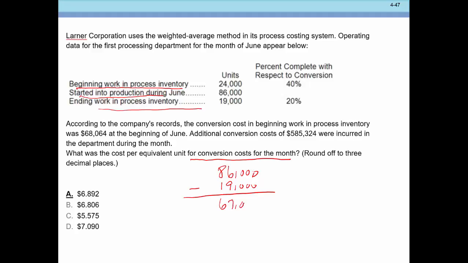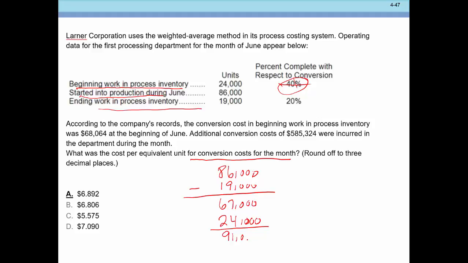And then I'm going to give myself credit for having completed the entire beginning inventory of this period, right? Don't worry about what percentage it says here. Stay away from that, right? We're going to add that 24,000. And so now the units completed and transferred out, if I'm doing my math right, are 91,000.